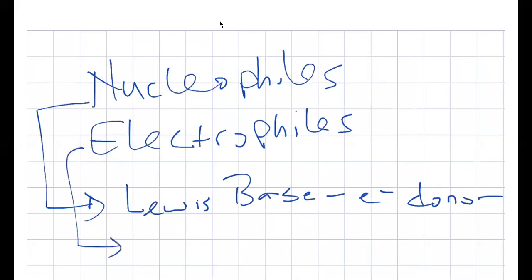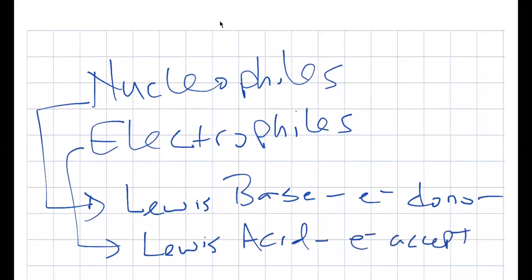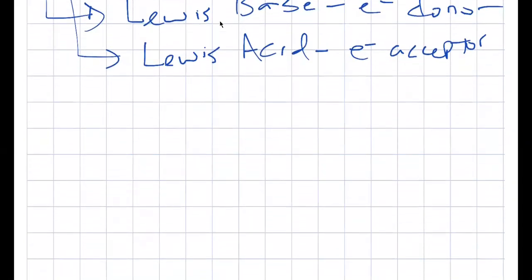And an electrophile is what we call a Lewis acid, or an electron acceptor. It's really important to grasp the concept of nucleophiles and electrophiles, because everything from this point forward, all the reactions we learn, is going to be based on these principles. So let me just give you a generic overview real quick, and then I'm gonna stop. Give me about 2 more minutes.